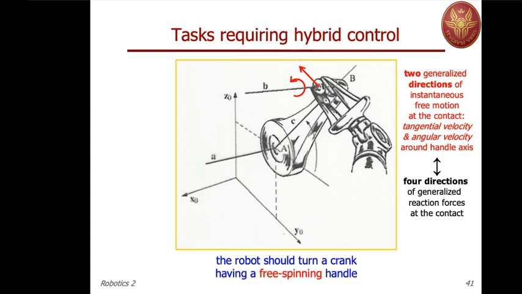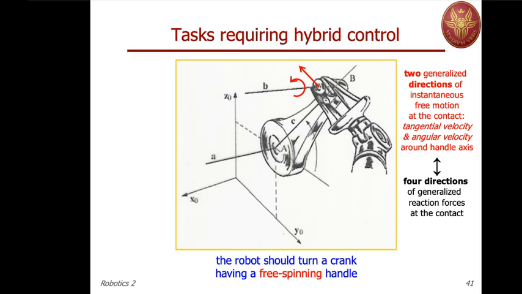So there are in fact two directions where you can freely move the end effector. And we will see that complementary to these two directions, there are four directions, generalized directions, so linear or angular, where you cannot move. For instance, you cannot move along the axis C, which is the axis of the crank.